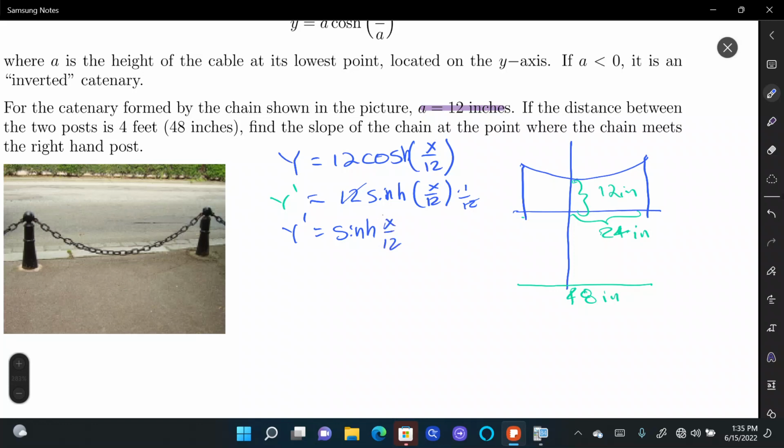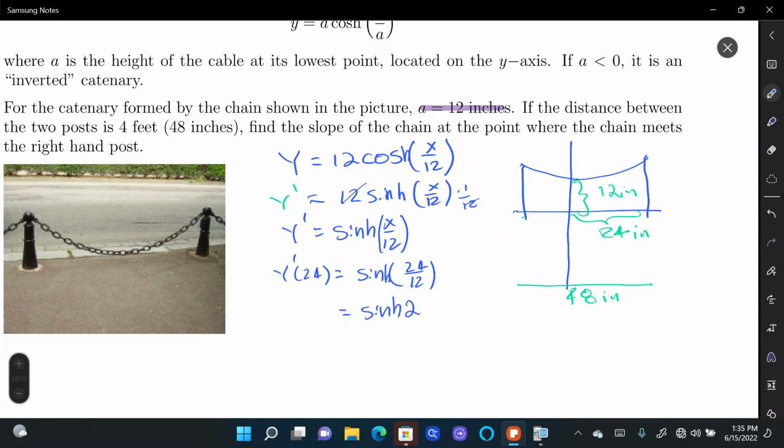And then we only need to plug in the value of x equals 24 to find the slope at the point where x equals 24. So y prime evaluated at 24 is sinh of 24 over 12, which equals sinh of 2.